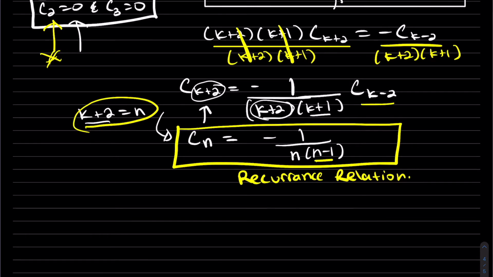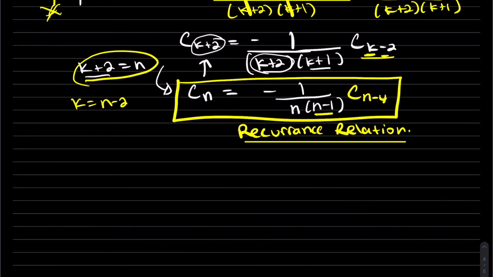For C of K minus 2, we also need to change K, which is N minus 2, so it's N minus 2 minus 2, which is N minus 4. So this is my recurrence relation.